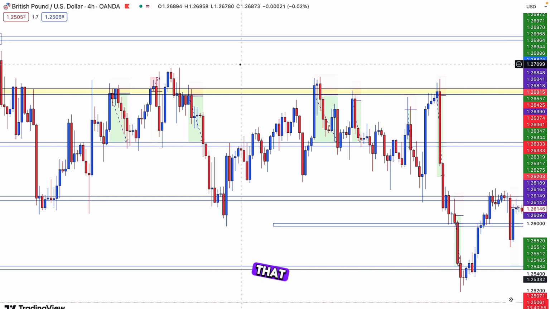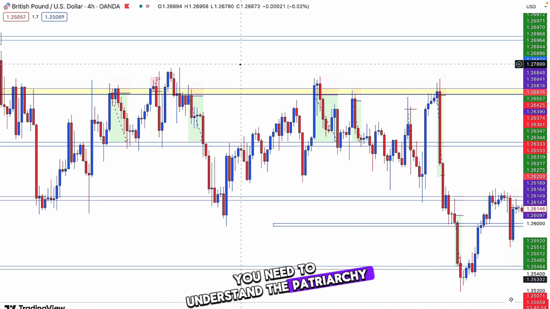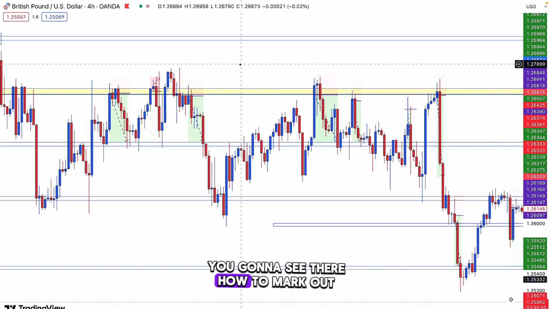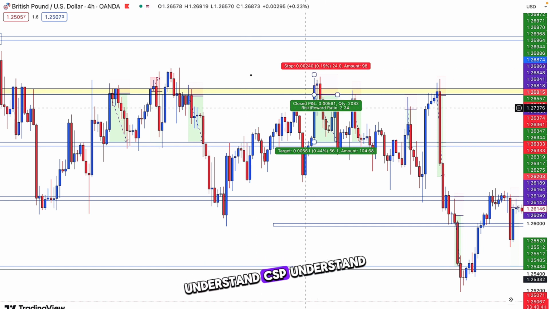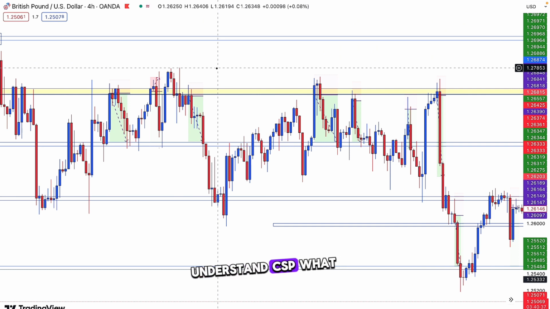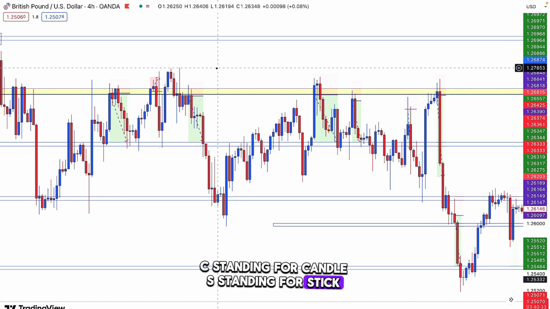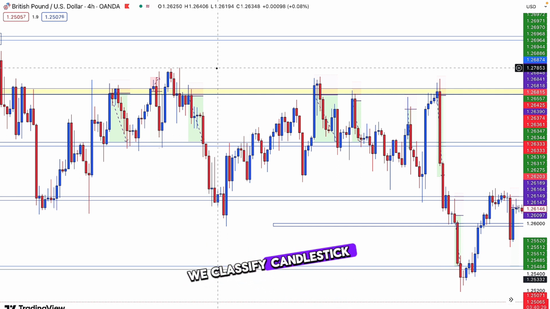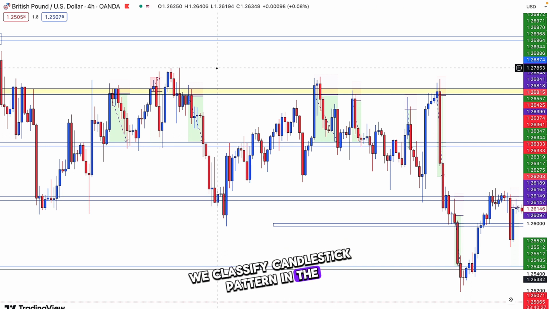So, the first thing you need to do is mark out your key zones rightly. In order for you to do that, you need to understand the PEG strategy or watch some videos on my page. You're going to see there how to mark out key resistance and key support. That is number 1. Number 2 thing is what? Understand CSP. What is CSP? C standing for candle, S standing for stick, P standing for pattern. This is the terminology we use to classify candlestick patterns in the PEG strategy.